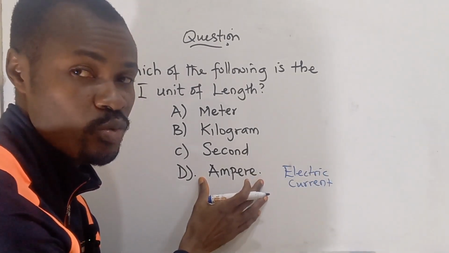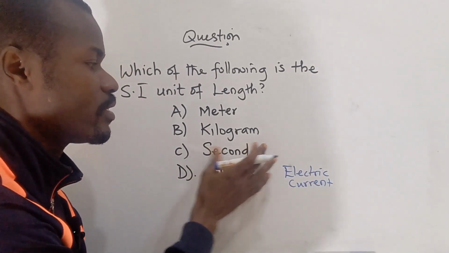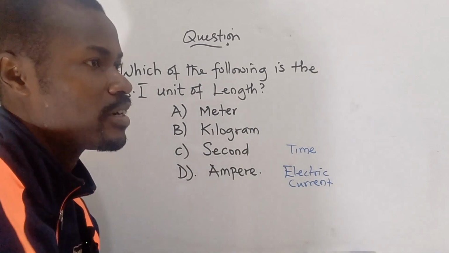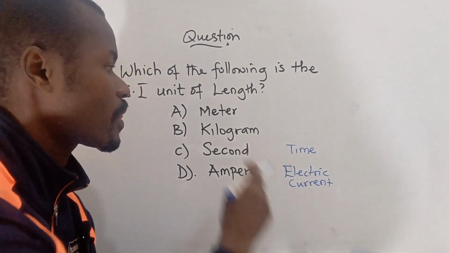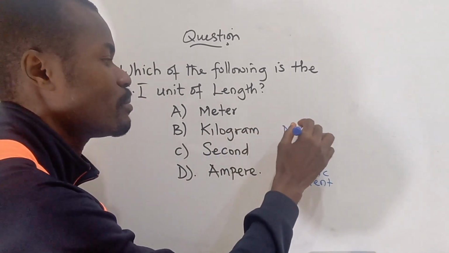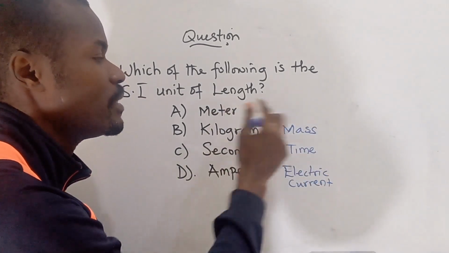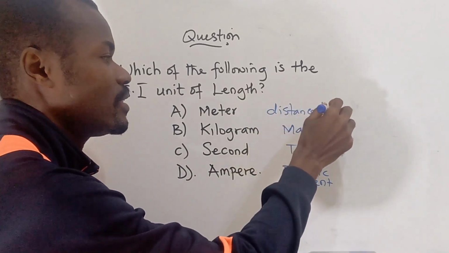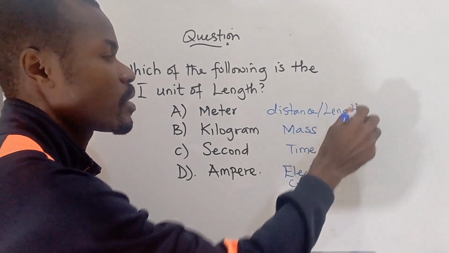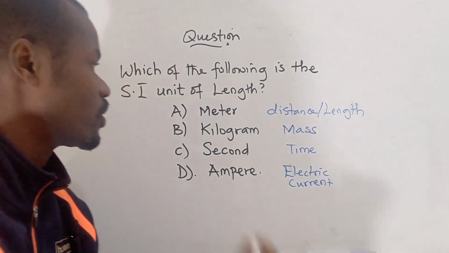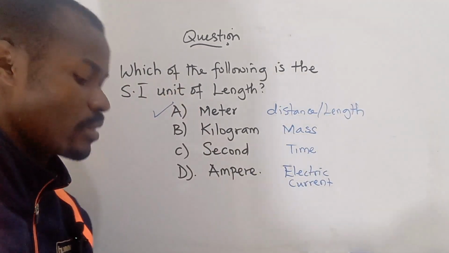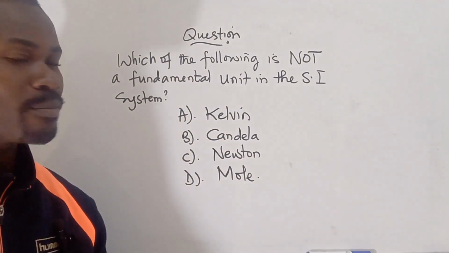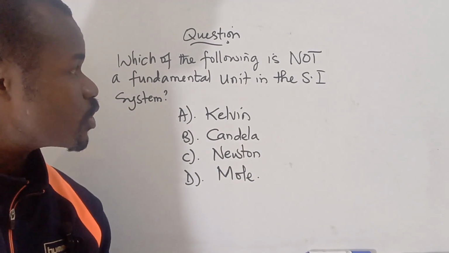For seconds, we have time, a fundamental quantity. For kilogram, we have mass. For meter, we have distance or length. So the best answer to this question is meter. Yes.